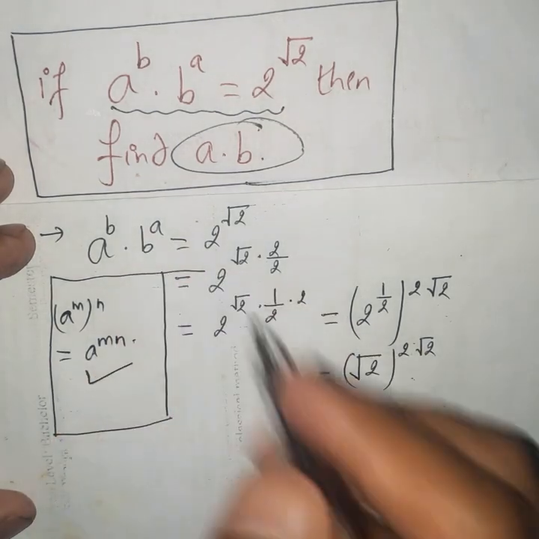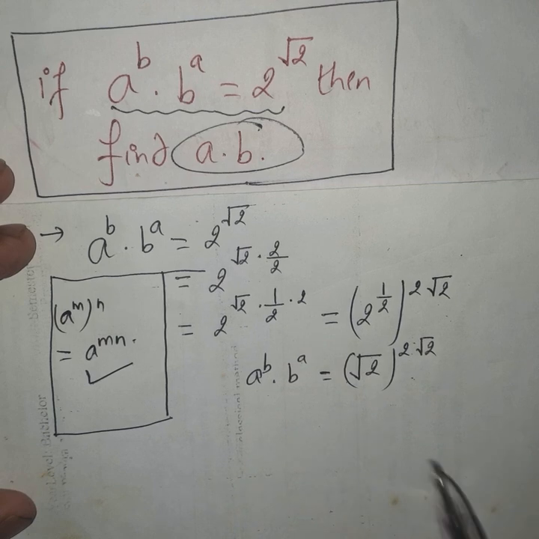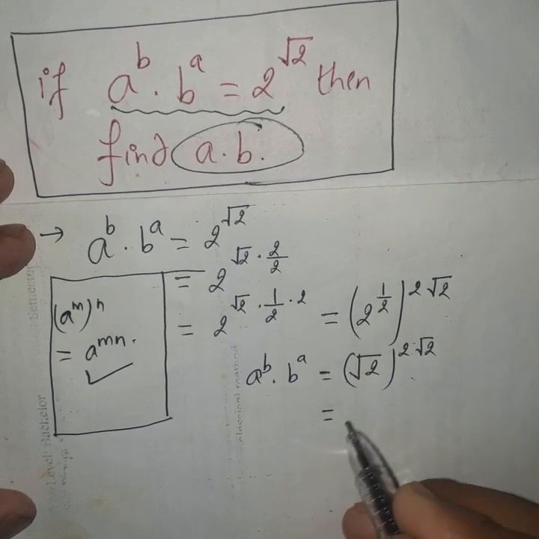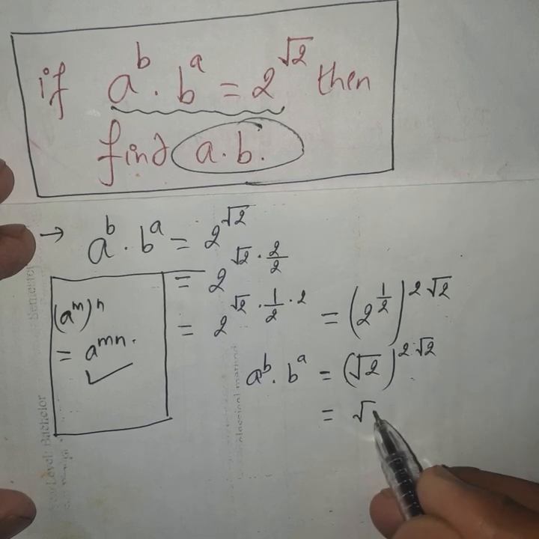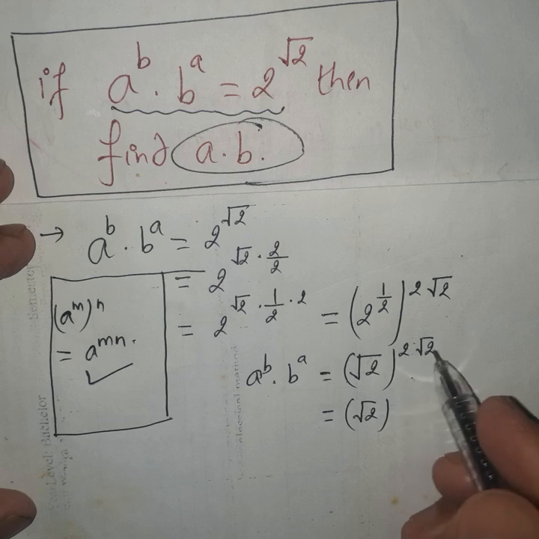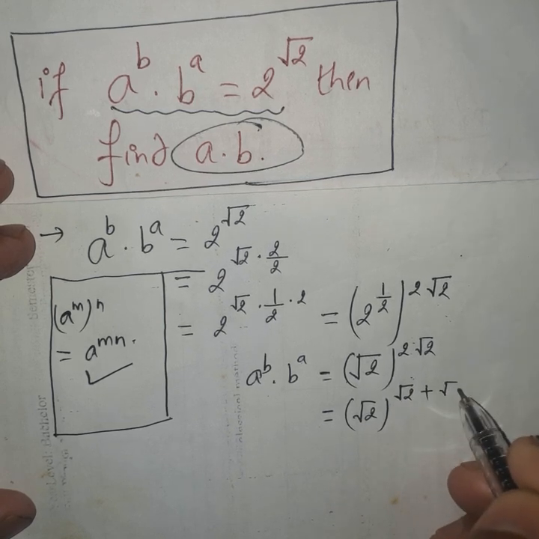This is just the value of a raised to the power of b times b raised to the power of a. Simplifying it, this can be further written as square root of 2 raised to the exponent 2 square root of 2. Let's do simplification of the exponents. 2 square root of 2 can be written as square root of 2 plus square root of 2.